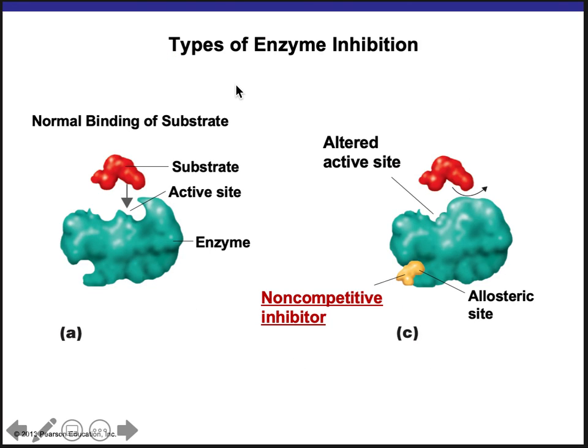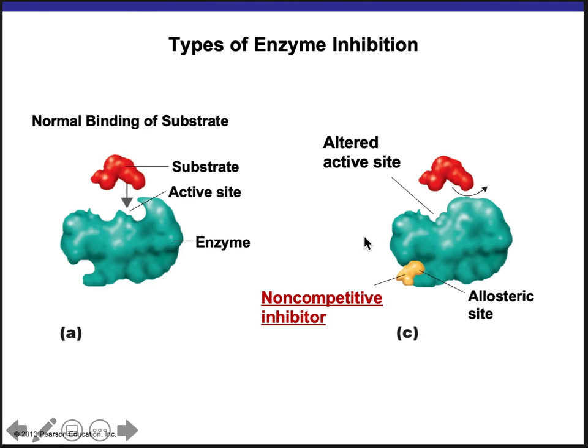Okay, so other types of inhibition would be a non-competitive inhibitor, where the binding is now somewhere other than the active site. So they're not competing to who gets to the active site first. The non-competitive inhibitor is binding somewhere other than the active site.